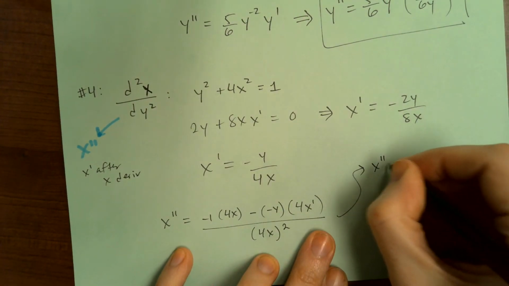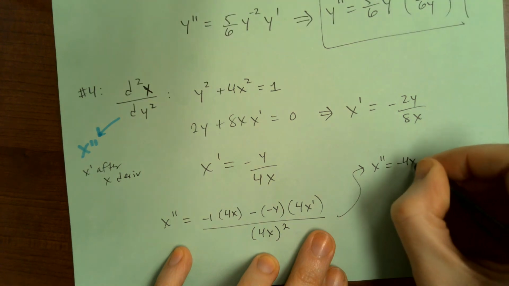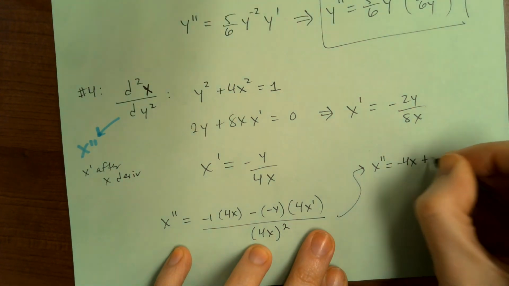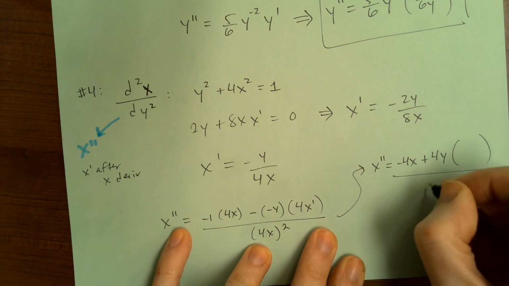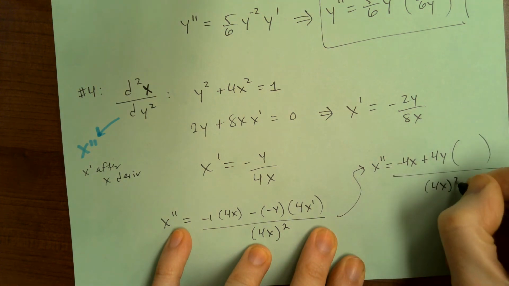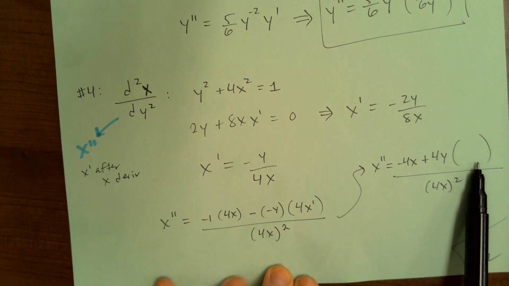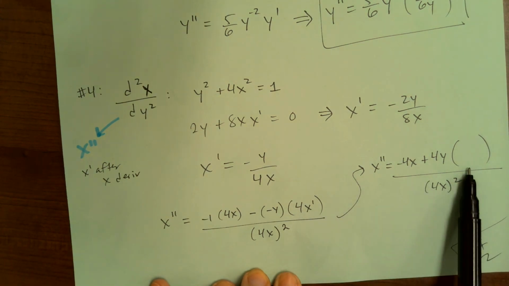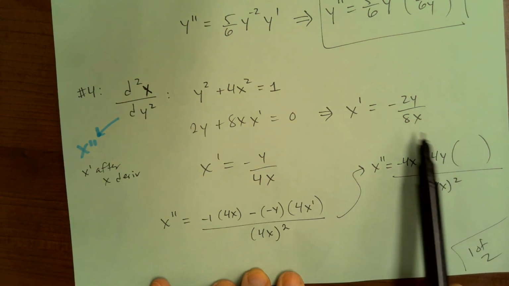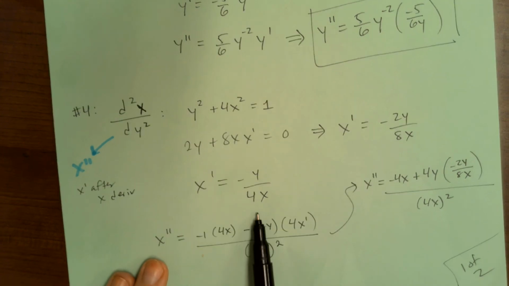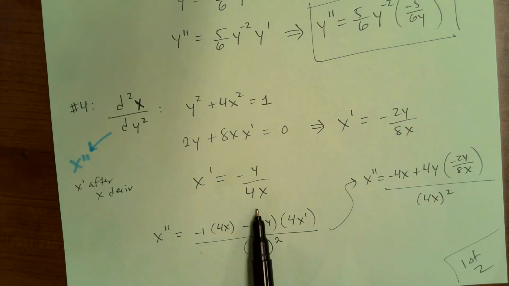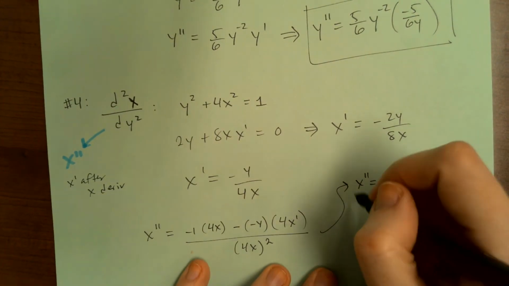So x double prime is negative 4x plus, I'll say 4y, all over 4x squared. So I left a blank where the x prime would go. And then in for that, I'm going to put negative 2y over 8x. Oh, you could have put this also. Yeah. Okay, that's fine though.